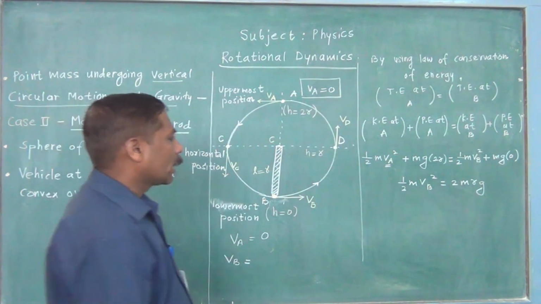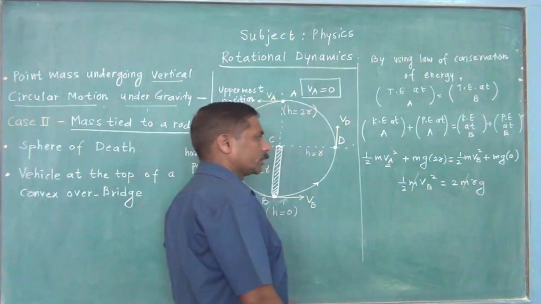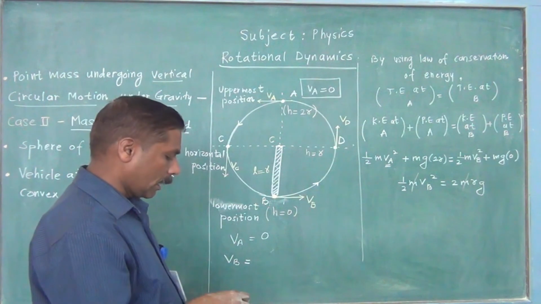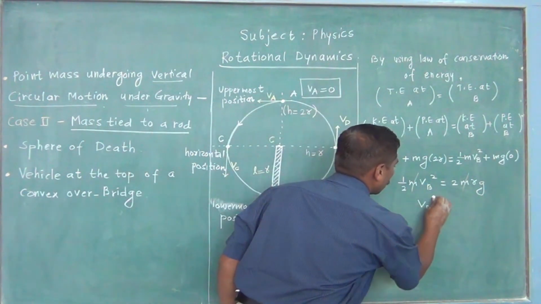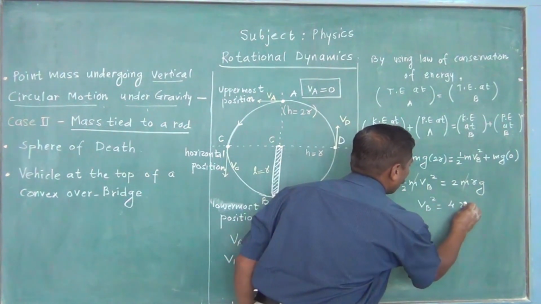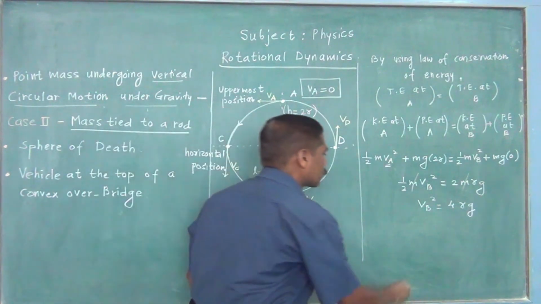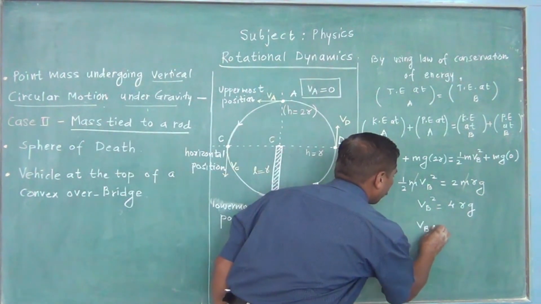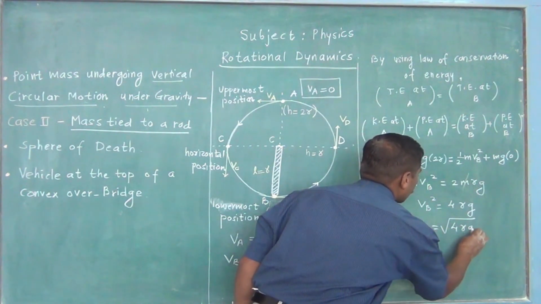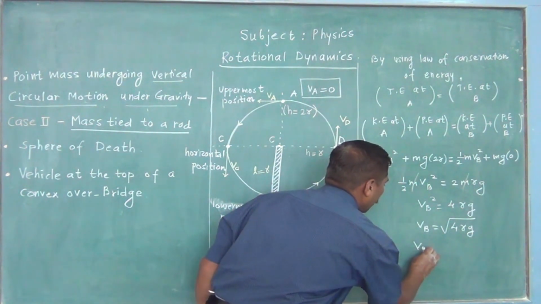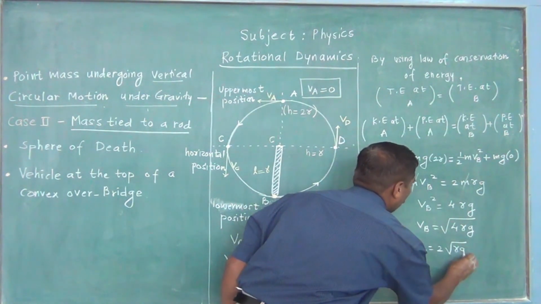Okay, and now we can cancel out this m on both sides, and you will find vb square is equal to 4 times of rg. By taking the square root of both sides you will get vb is equal to under root of 4 times of rg, or vb is equal to 2 under root of rg.